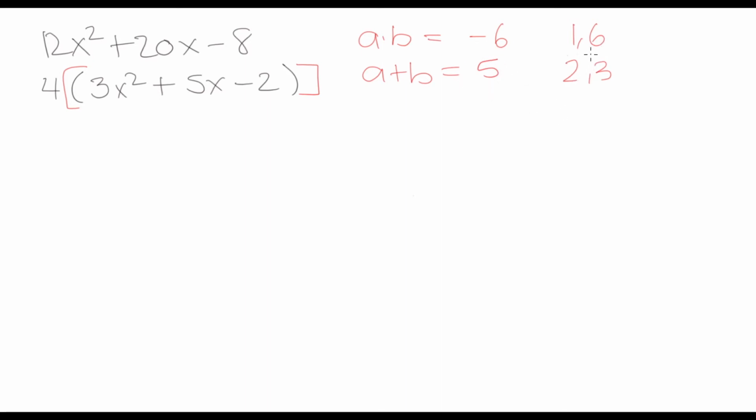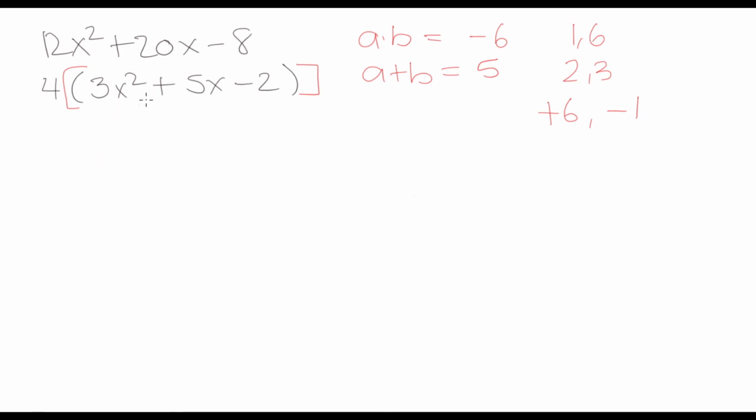I think we can immediately recognize that if we have positive 6 and -1, when summed together, that is going to give us 5, because 6 minus 1 is 5. At the same time, when we multiply these together, we're going to get -6, because 6 multiplied by -1 is equal to -6. So we know that our two numbers are going to be +6 and -1.